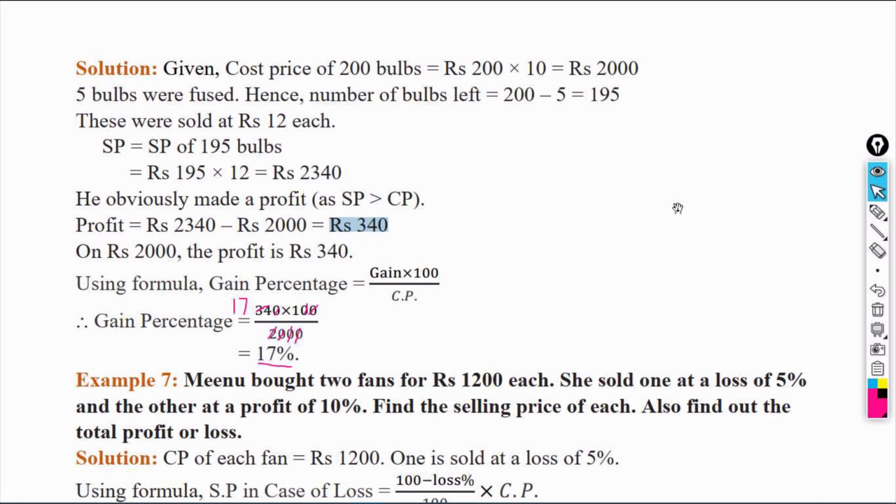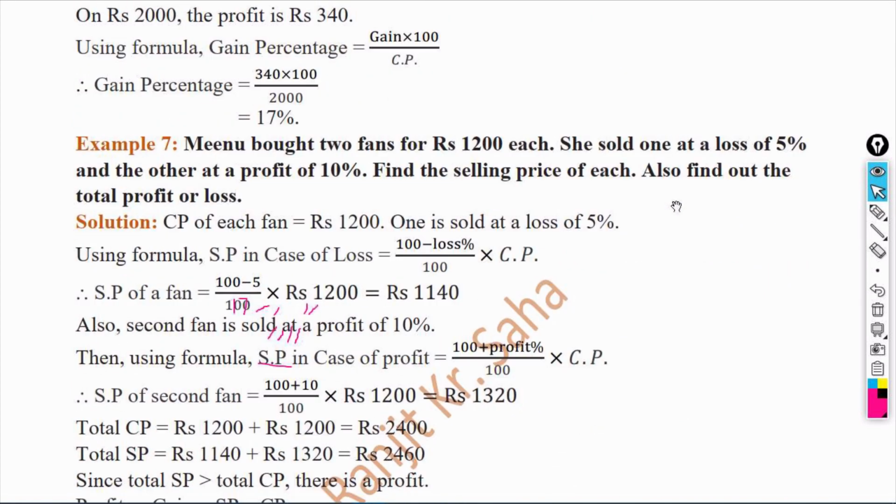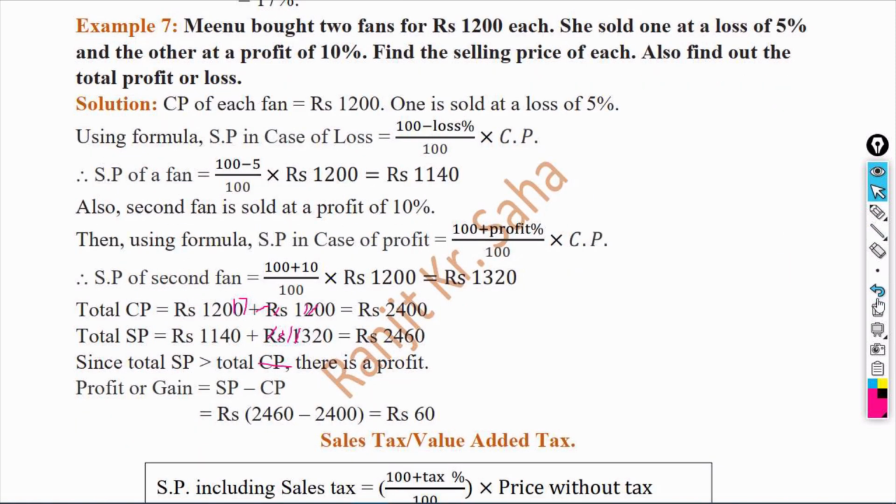First of all, you can say CP of one fan is 1200, and in the first case suppose there is a loss of 5%. Then directly you can calculate the SP using the formula: SP in case of loss equals 100 minus loss percent divided by 100 and total multiplied by CP.